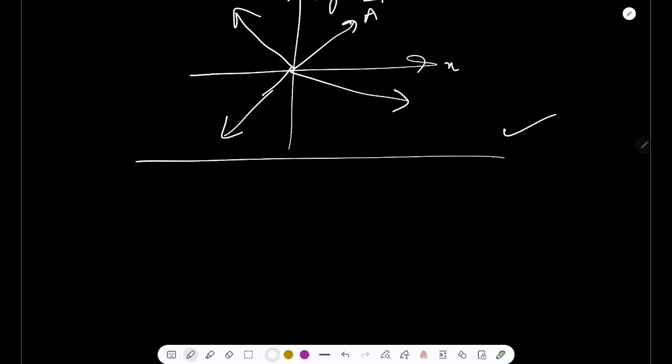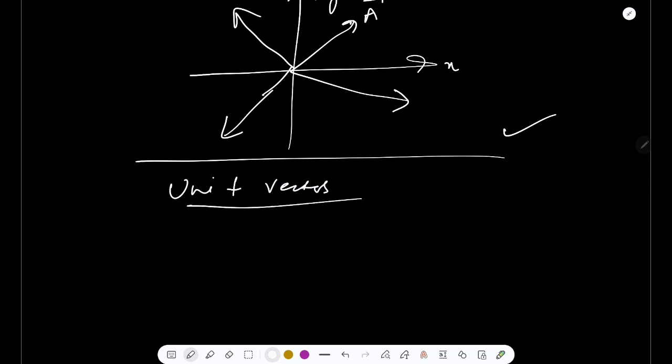For now we are limiting ourselves to the components, the resolution of a vector, up to this point only. Let me introduce you first to the concept of unit vectors.